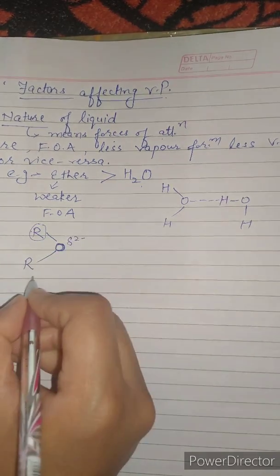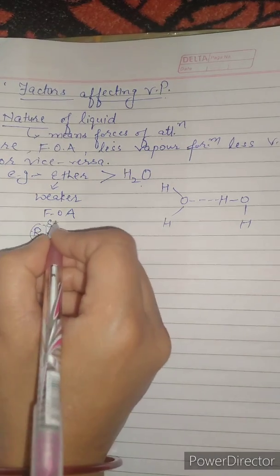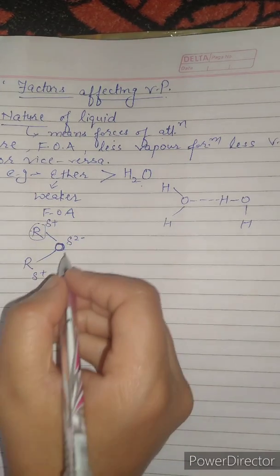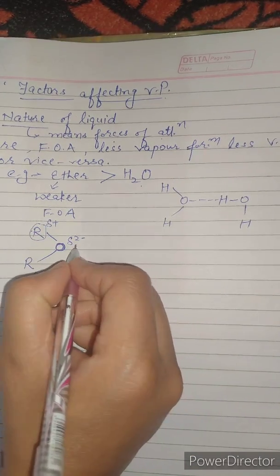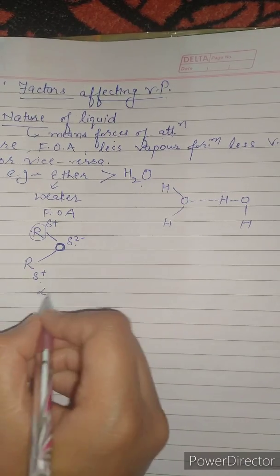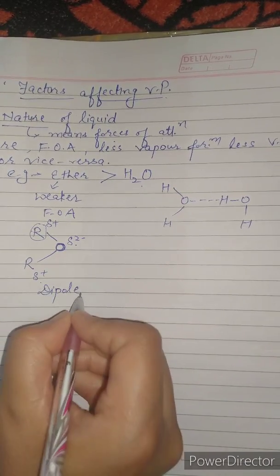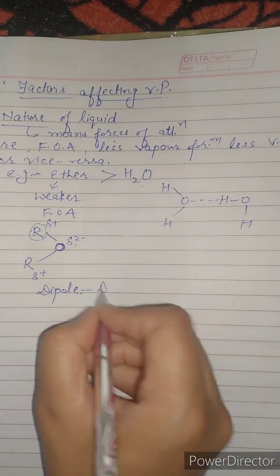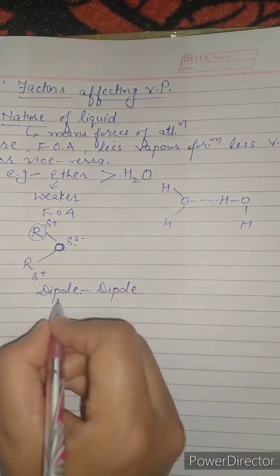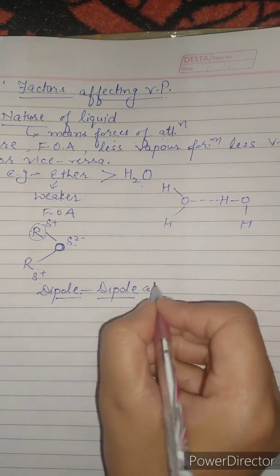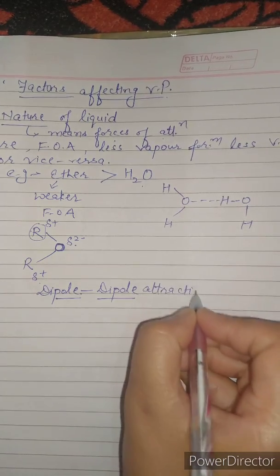So here is partial negative and these have partial positive, where the separation of positive and negative poles is known as a dipole. So the attractions are dipole-dipole attractions.